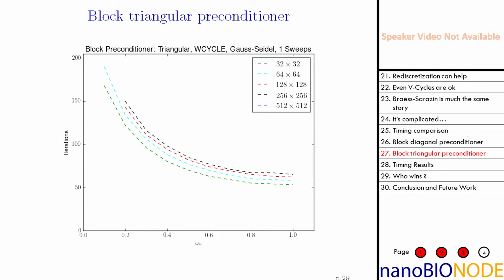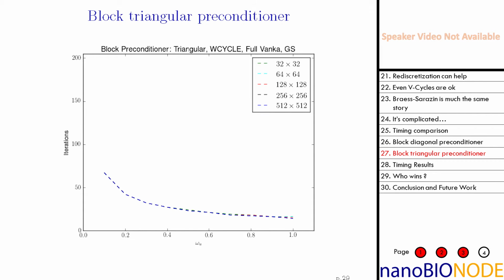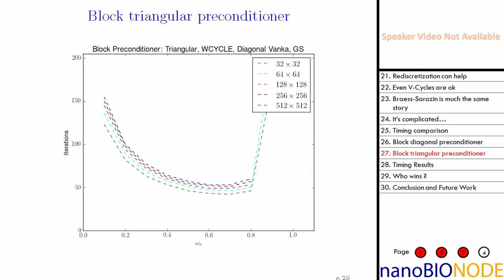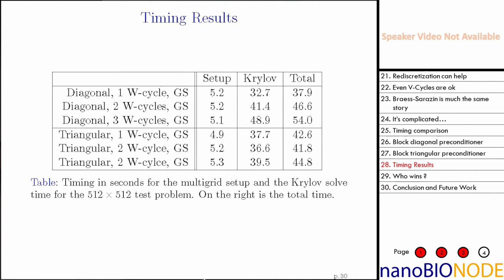And then we can go to the block triangular method. And again, the full Vanka is the clear winner in terms of iteration counts and scalability and everything. But these plots look very much the same as the block diagonal approach. So in here we have timings. We can think about doing 1, 2, or 3 W cycles as that application of lambda.